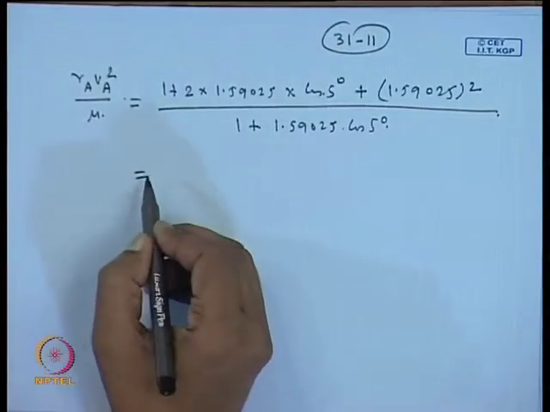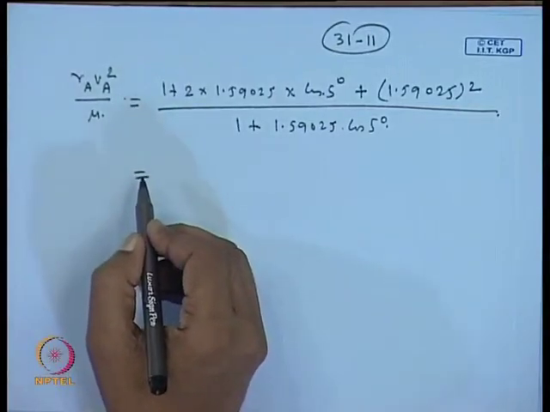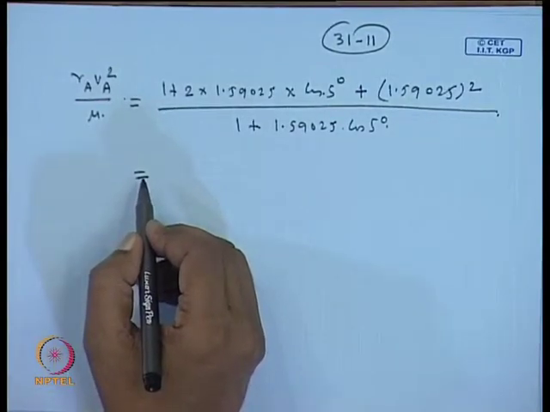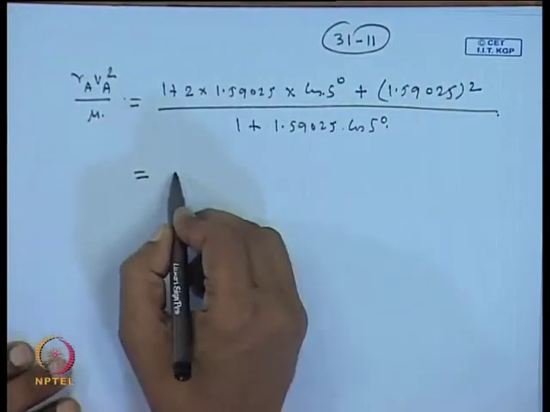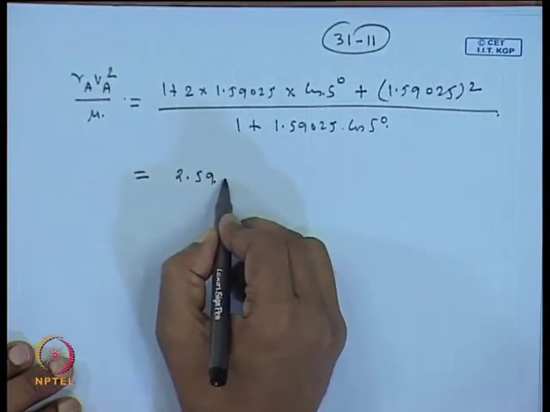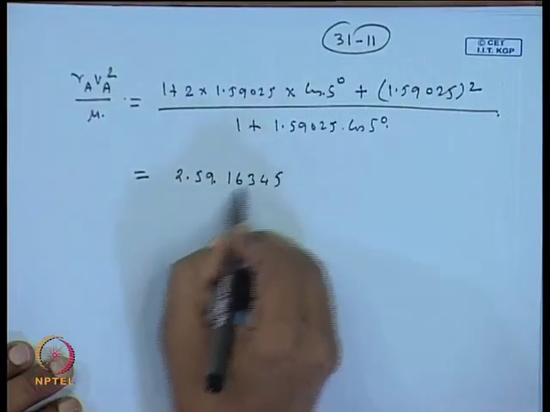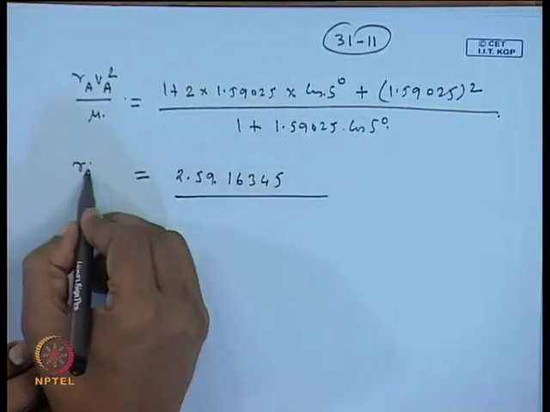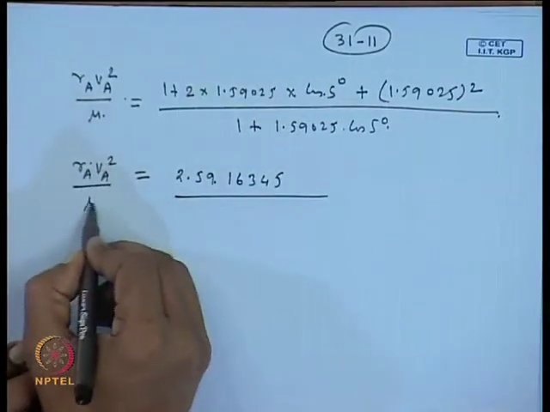So, computing this quantity, we get the result 2.591635. So, this is your R_A V_A square by mu.